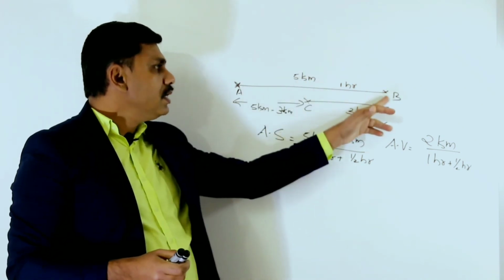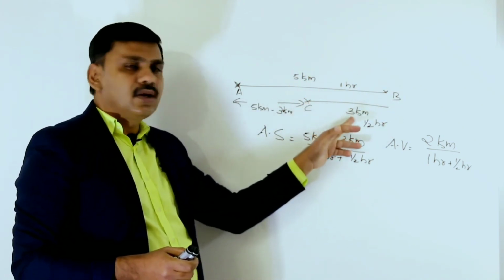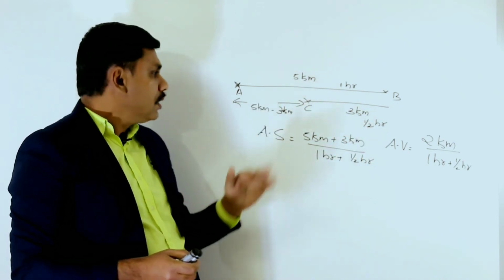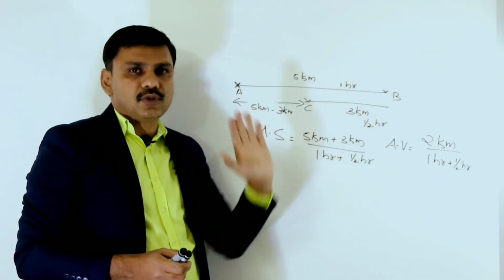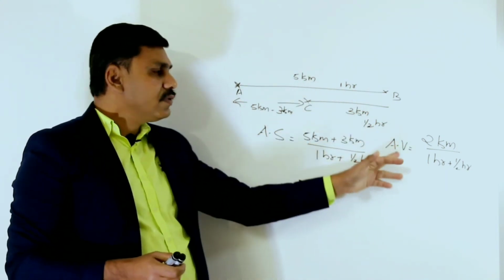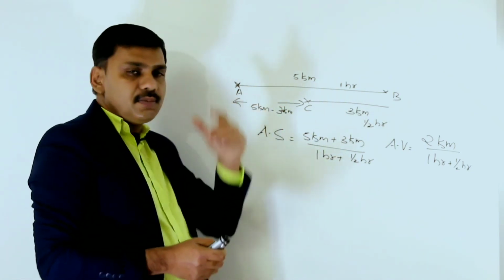So from A to B, 5 kilometer taking 1 hour, then B to C, 3 kilometer taking half an hour. When you calculate the average speed, you are considering total distance and total time. When you calculate average velocity, you are considering only displacement. Displacement is change in position.